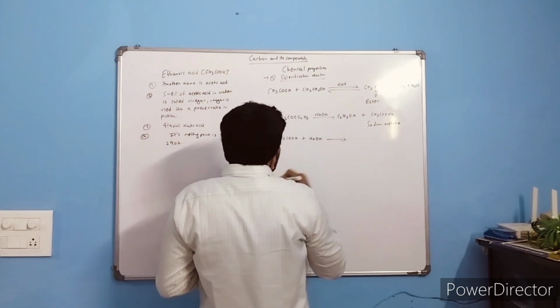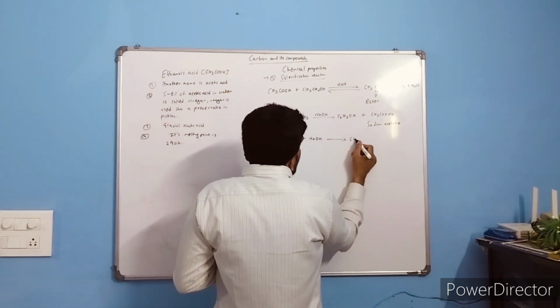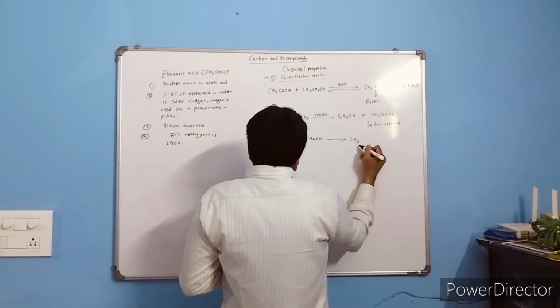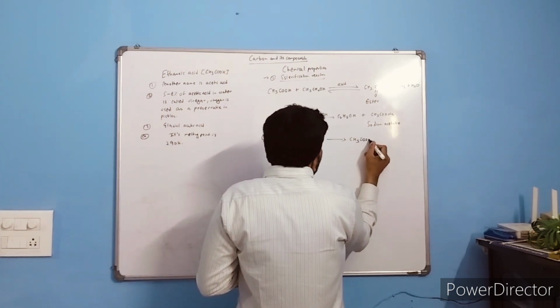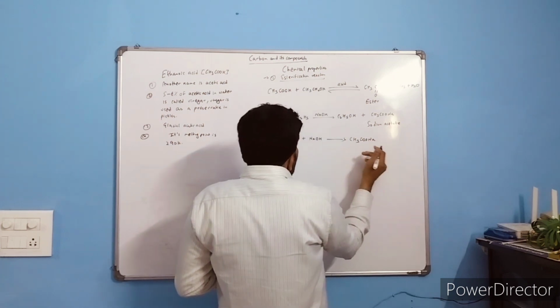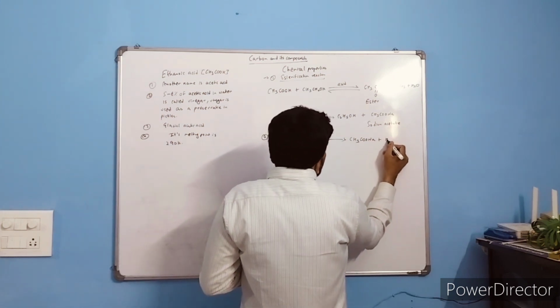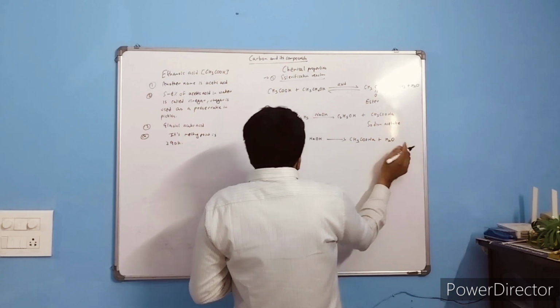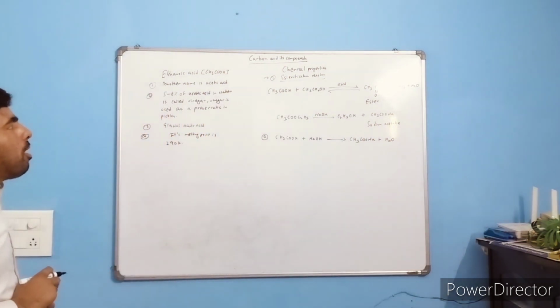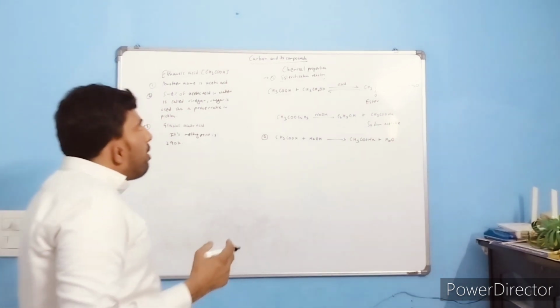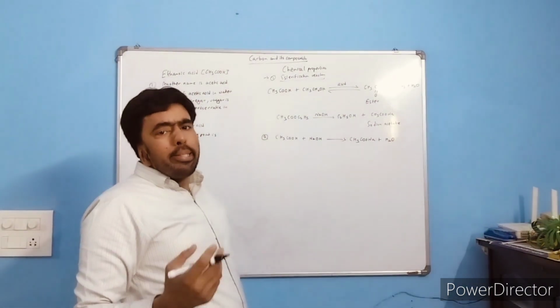What will happen? You will get CH3COONa, that is sodium acetate, plus water. So this is the second chemical property of ethanoic acid.